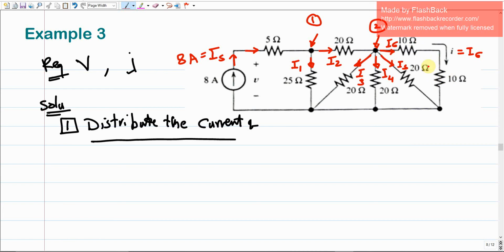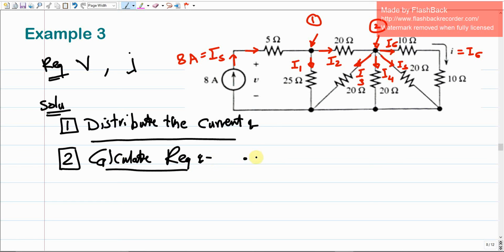Step 2 is to calculate R equivalent, the equivalent resistance for this electrical circuit. To calculate R equivalent, we're going to divide it into multiple R's.